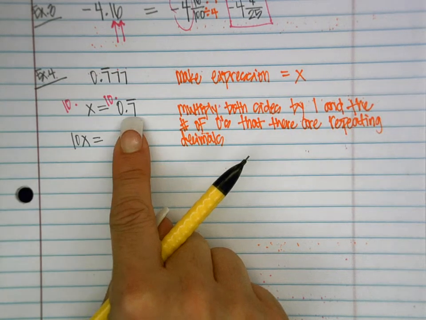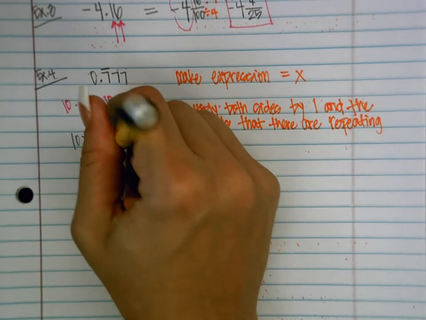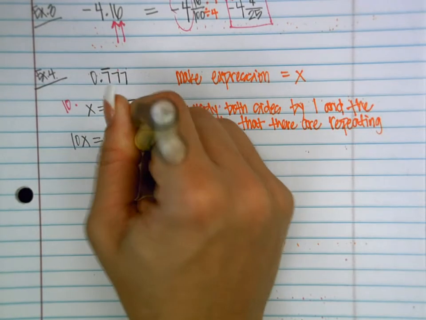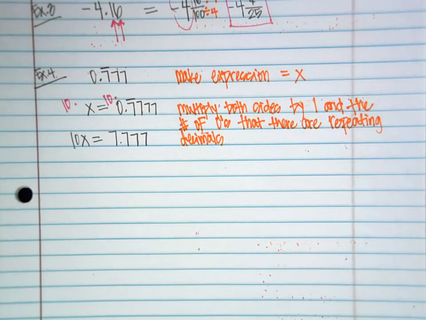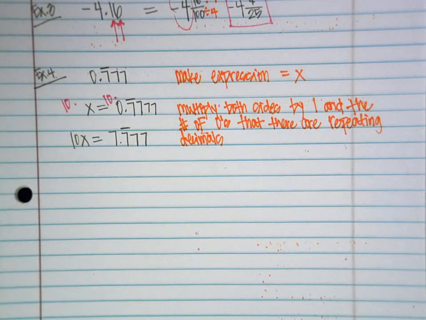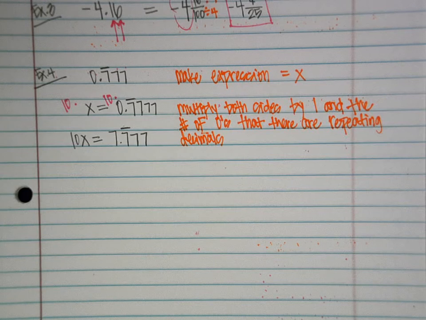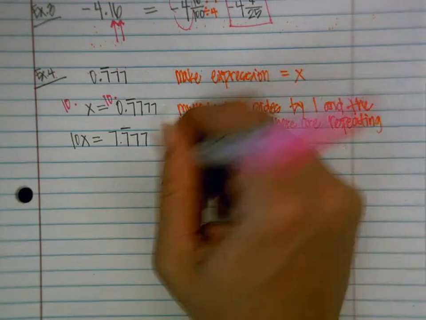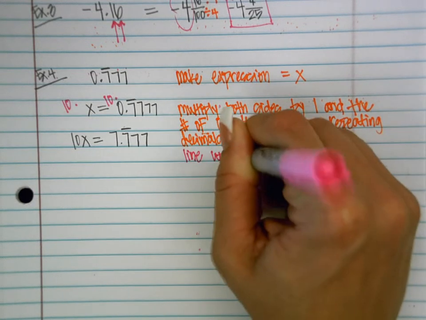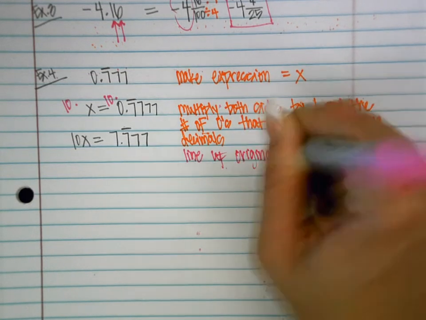So it would give you 7.7. And since these keep going, these would also keep going, right? So 7.777, and it will keep going. Did we follow that? Okay. Then the next step is to line up your original problem underneath.